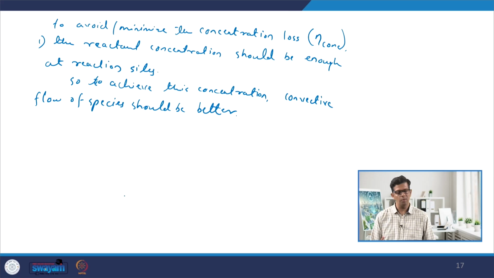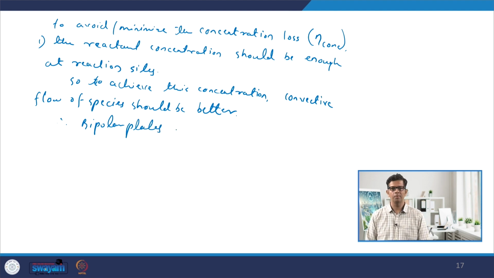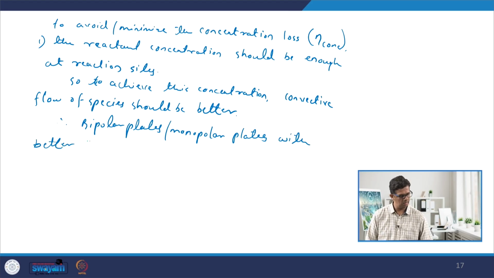So that is why this convective flow of species is a better option, and this is one of the reasons why bipolar plates in case of stacks, and monopolar plates, with better flow designs are preferred.